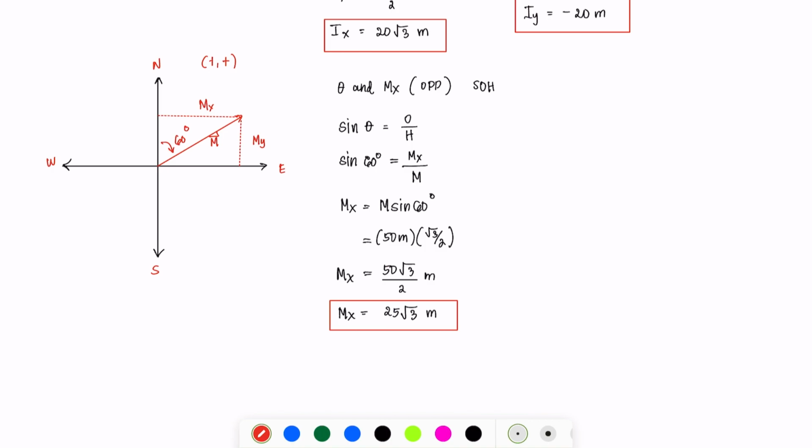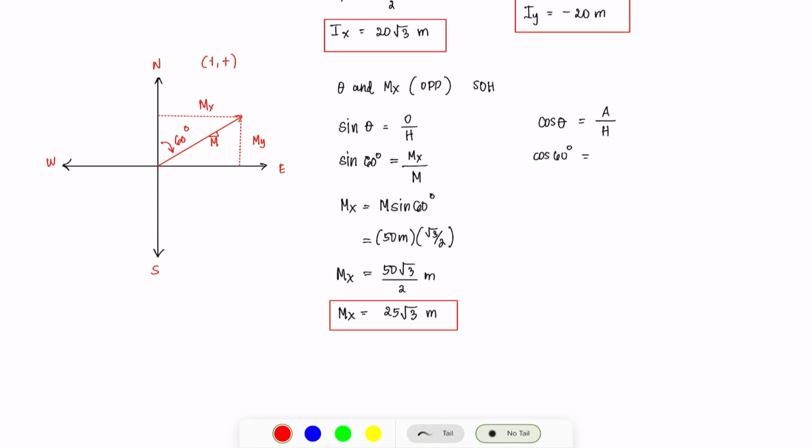And of course, for the y component, we do the same thing. Cosine theta is equal to adjacent over hypotenuse. So replace the angle in the lens: cosine of 60 degrees. Looking back at your sketch, so that means your sketch is very important. If it's wrongly sketched, you get the wrong adjacent, the wrong hypotenuse, or the wrong opposite side. So you go back to your sketch.